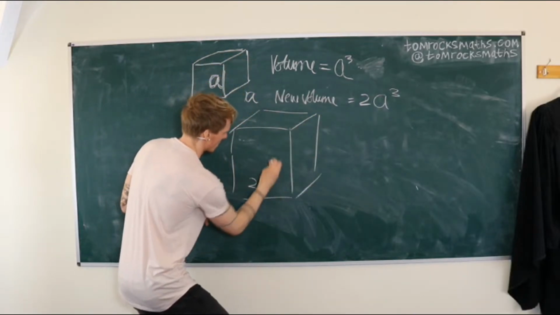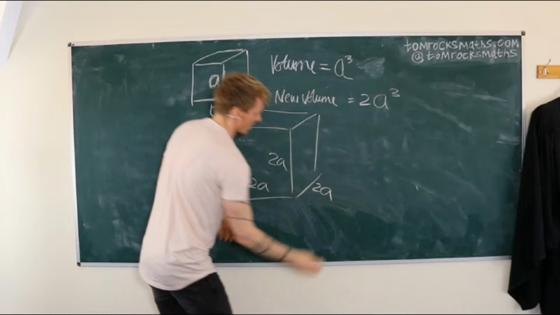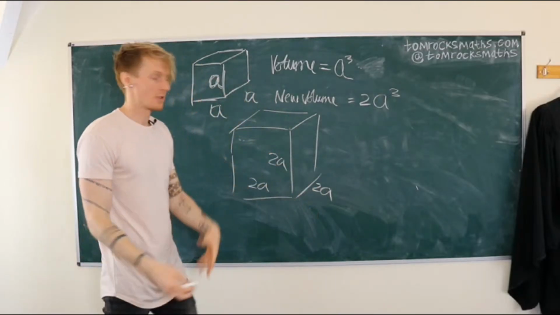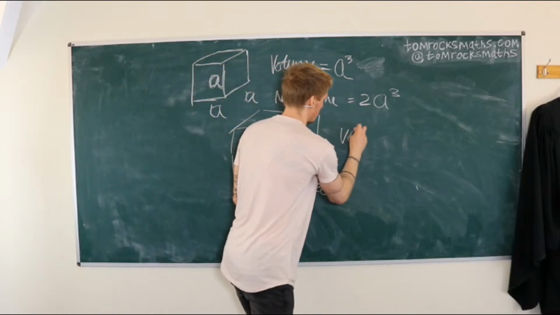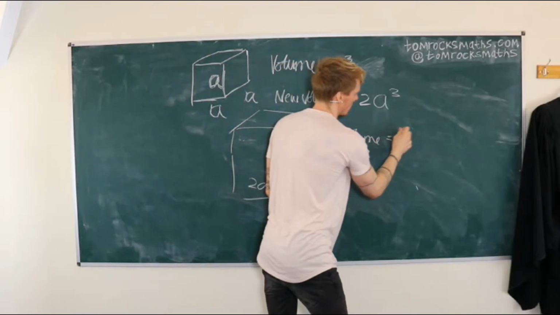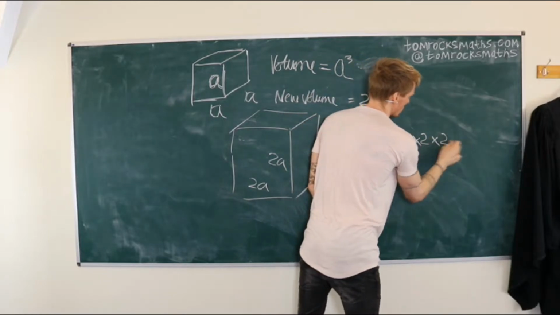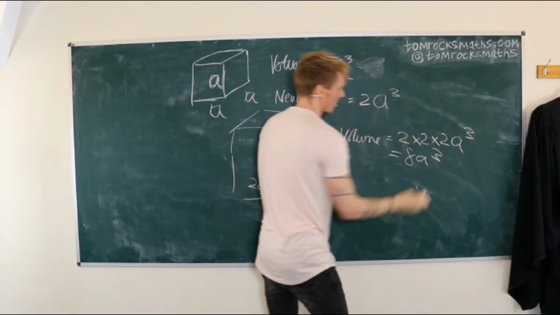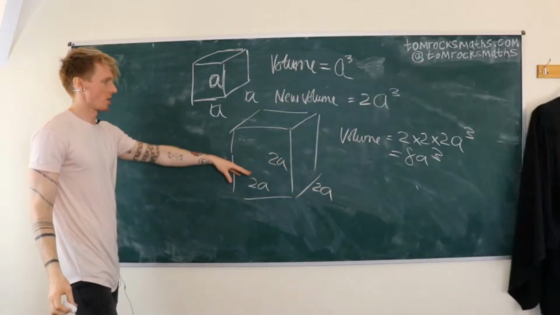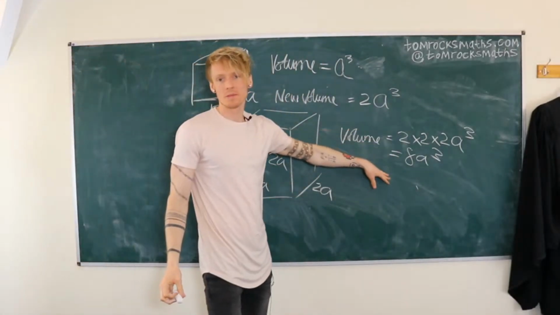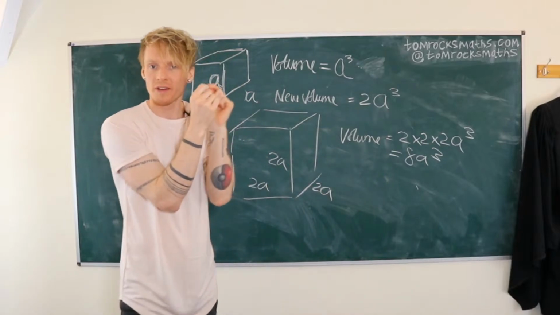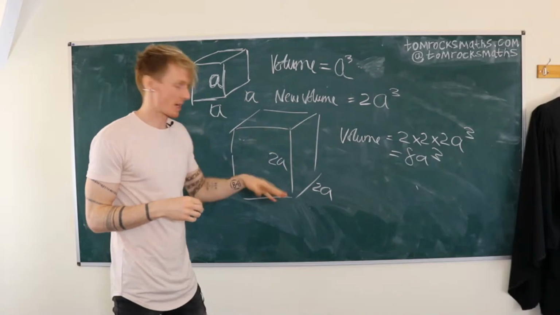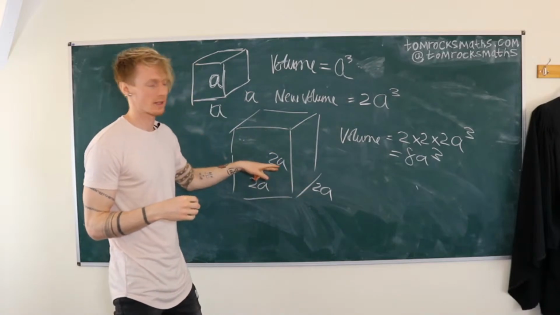So 2a, 2a, and 2a. Then our new volume is 2a times 2a times 2a. So that's equal to 2 times 2 times 2 times a cubed, in other words, 8a cubed. So doubling the side length of a cube gives you 8 times the volume because of this cubed factor. When you introduce the 2, you've actually introduced it cubed, right? Because it's coming in 3 of our lengths.